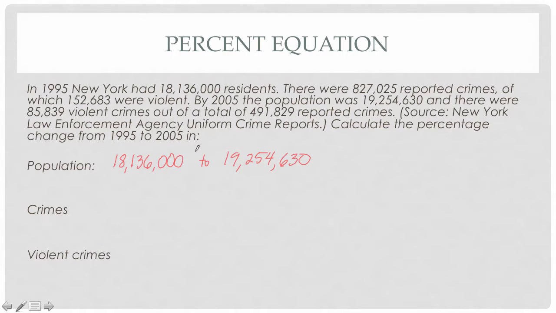So we definitely increased, right? So if we want to calculate the increase, we can set it up as an equation, right? Let's do our percent. We're going to solve for unknown percent. So my percent times 18,136,000.